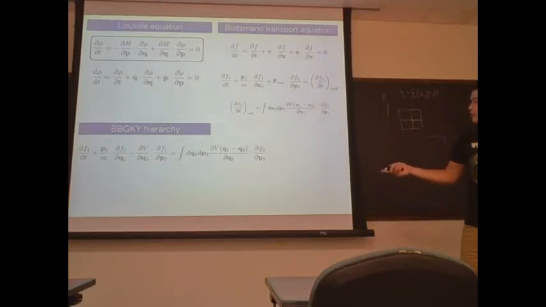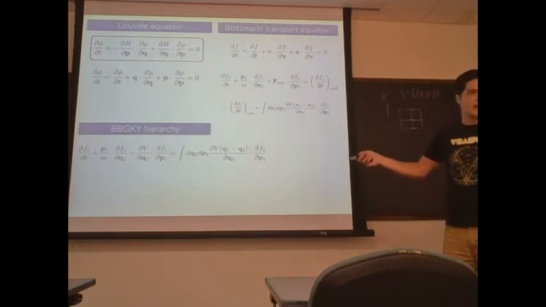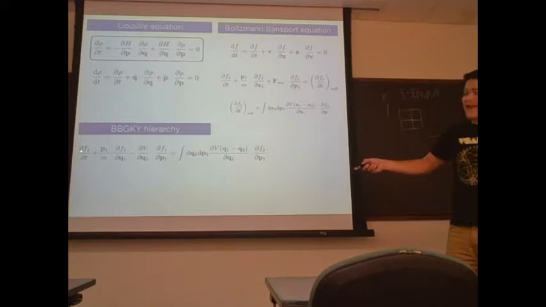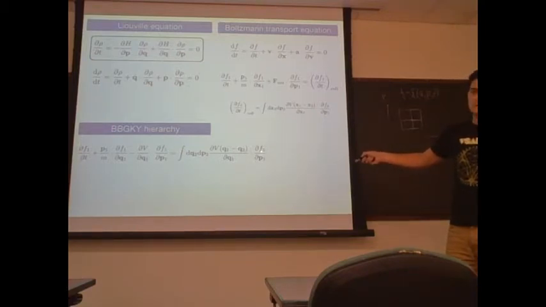It turns out, and I won't prove this, maybe Ian will do it, that the Liouville equation can be represented by a hierarchy of equations. You do a decomposition into n equations, where the first equation looks like the Boltzmann equation, with a collision integral depending on f2.